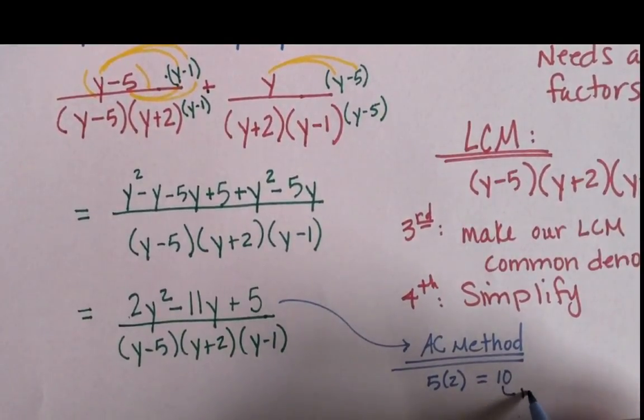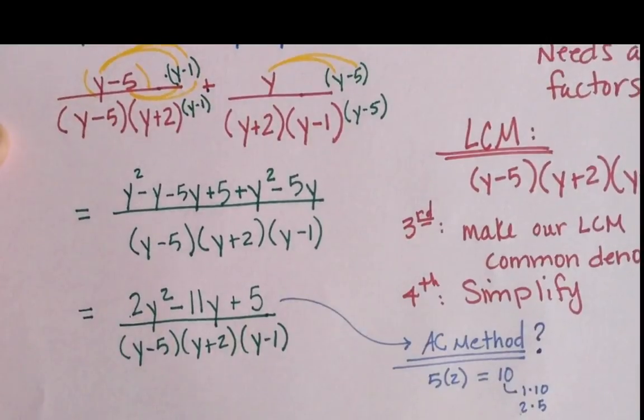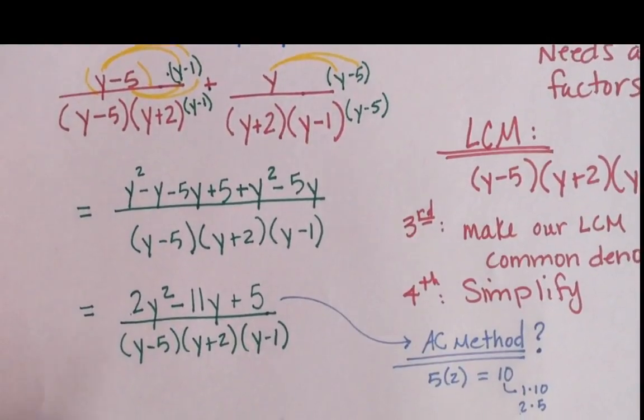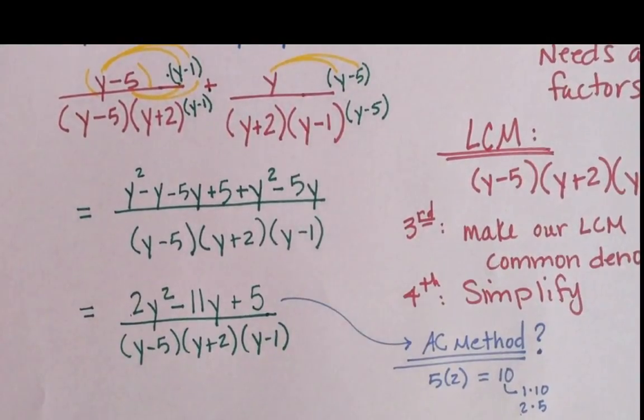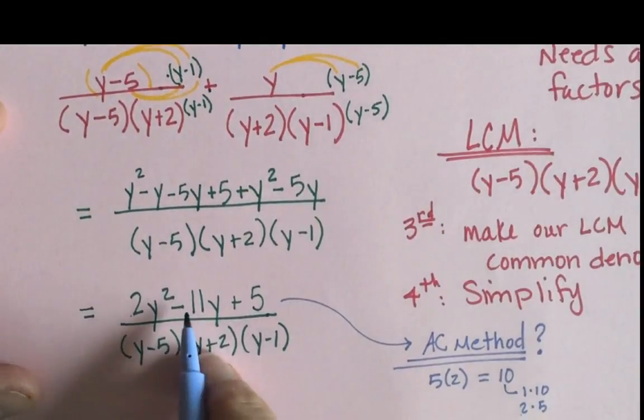So keep in mind that you could factor if it was possible and check if top to bottom would work. Well, a negative 1 and a negative 10 would make negative 11.